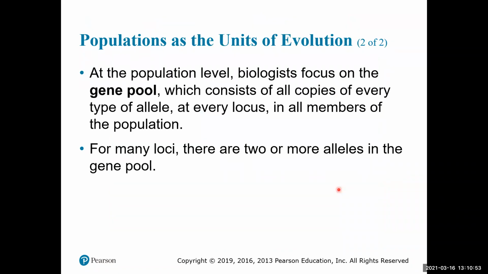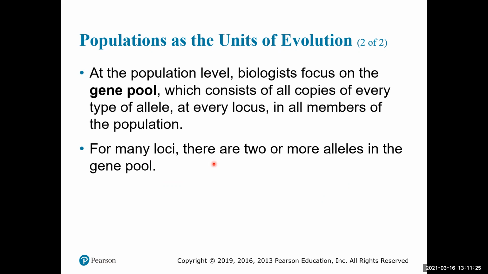And so this brings us to the idea of what exactly is a gene pool. At a population level, biologists will look at the gene pool of that population. The gene pool is basically all of the alleles that are expressed or carried by every single member of that population. For a lot of loci, so for a lot of genes, there are 2 or more alleles in that gene pool.